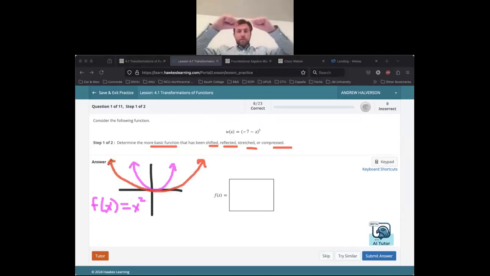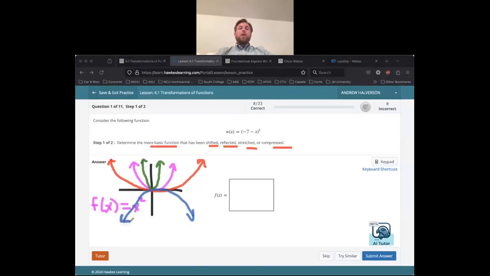It's just a big old long sweeping U. That's stretching. I can compress it, take these arrows and bring them together. Or I can also reflect it. Let me do blue. So I can reflect it this way.